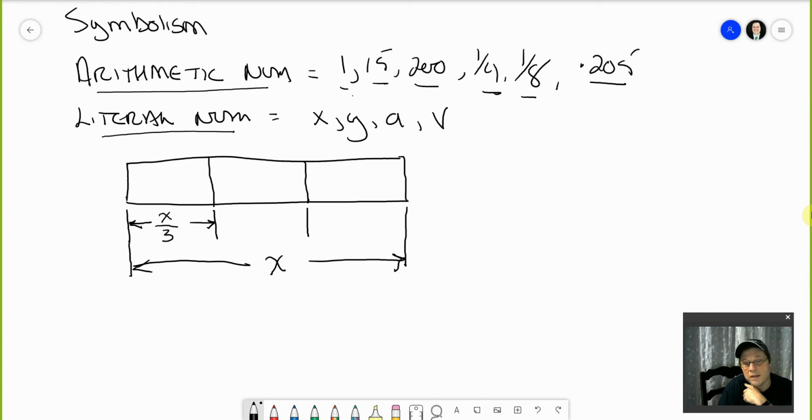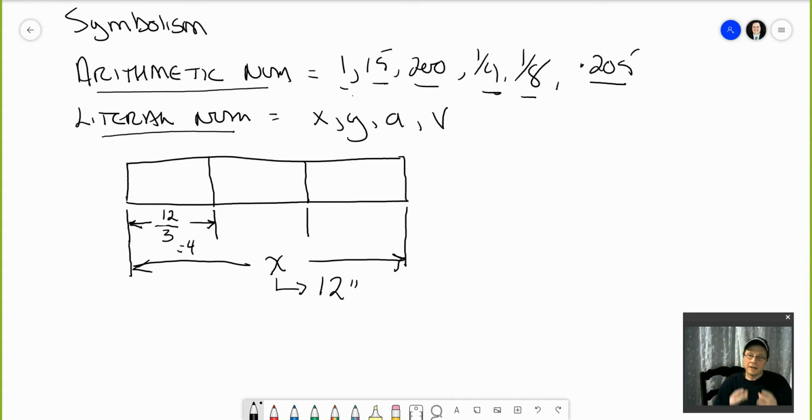Now, once we come to know the value of x, then we can solve the rest of this expression. We now know the length of this part, because if this were 12 inches long, then this is going to be 12 divided by 3, which we know is 4, right?